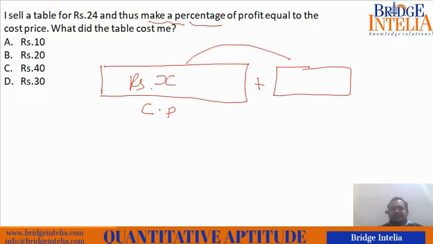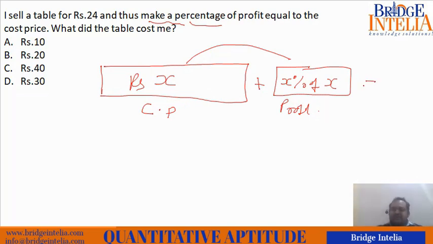That means he has already invested rupees X plus he is going to gain an additional X% of X. So the profit that he is making is X% of X. Fine. So the total cost means his original investment plus profit.